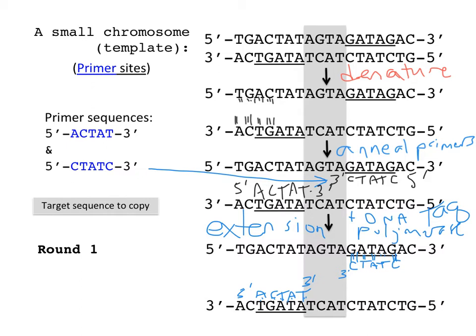After Taq gets added, it binds to this double-stranded DNA where the primer has base paired with the template and starts synthesizing the new second strand of DNA, moving from the 5' end to the 3' end, and it cruises along until, what happens now? It's synthesizing starting at the end of the primer, going towards the 3' end, and then it reaches the end of the chromosome. Now what?